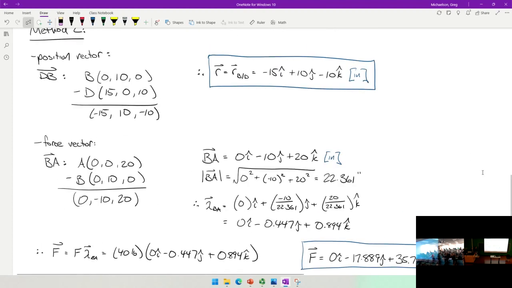So now we have an R, we have an F, we can cross them, right? So R cross F, and I think by now you all should be pretty comfortable with doing that.